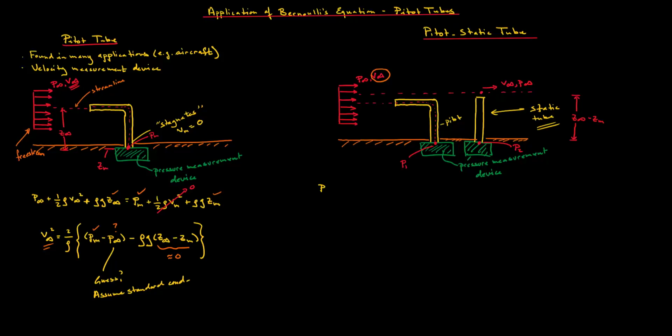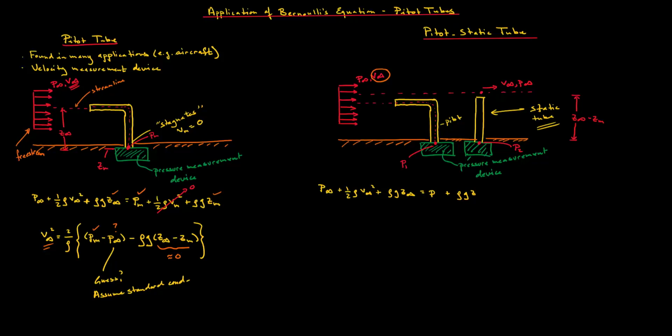For the pitot tube, we're going to have P infinity plus 1/2 rho V infinity squared plus rho G Z infinity is equal to Pm plus rho G Zm, where Vm is equal to 0, so we didn't include it here.